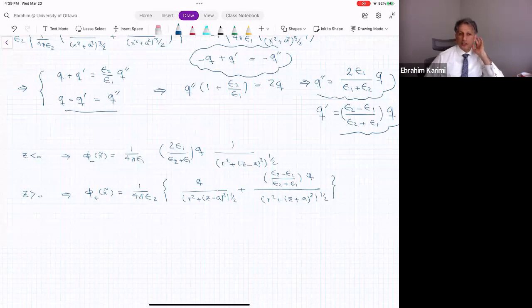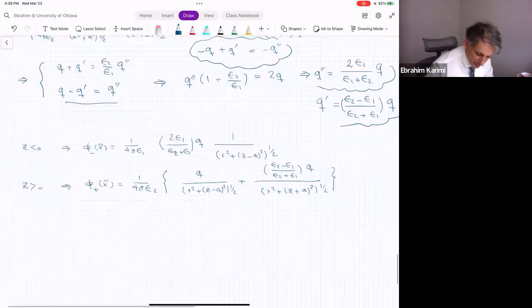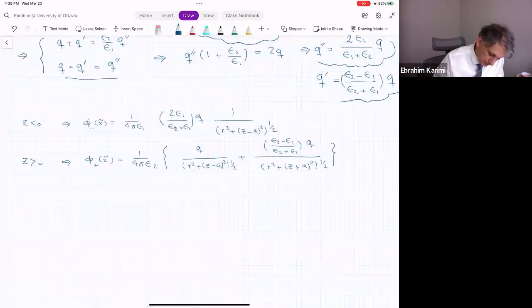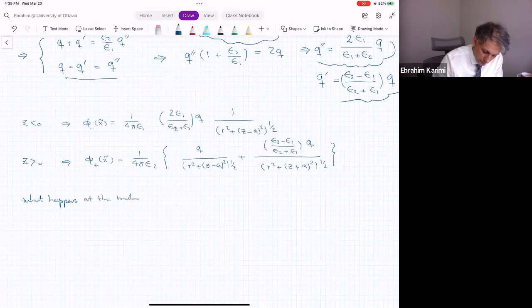And you can check that on the boundary, that should be identical. What is happening at the boundary? Which means that z is equal to 0.